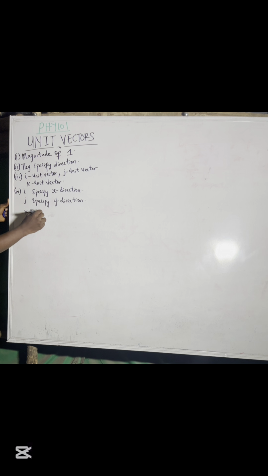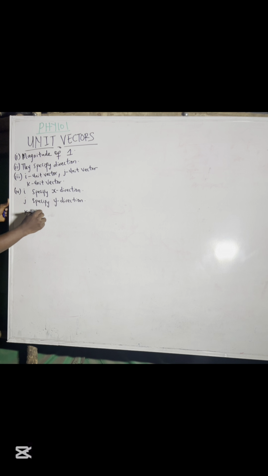So we have this example, and these are various types of questions they can ask you in the exam. We have vector A equals this, vector B equals this, and they ask you to look for these.